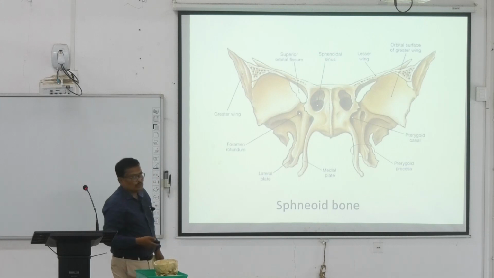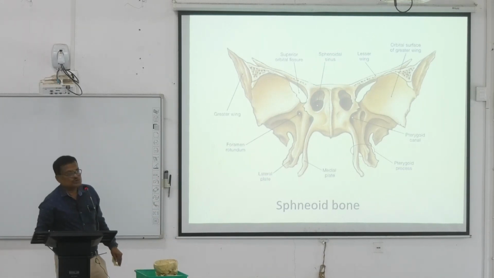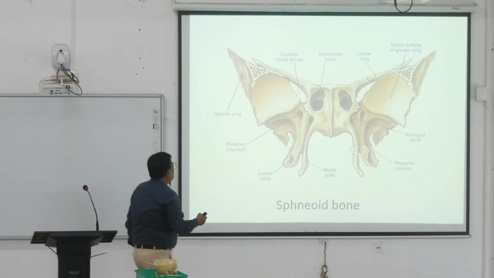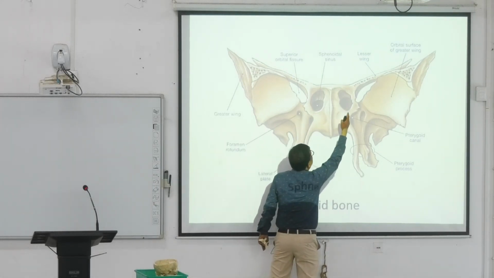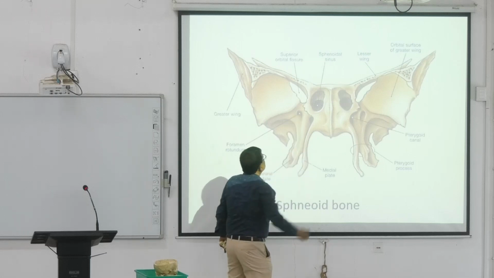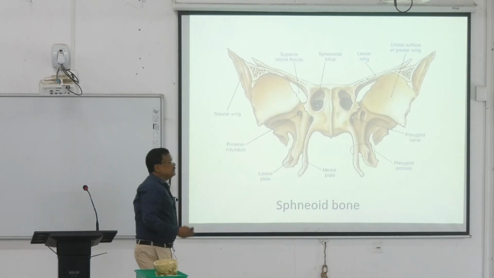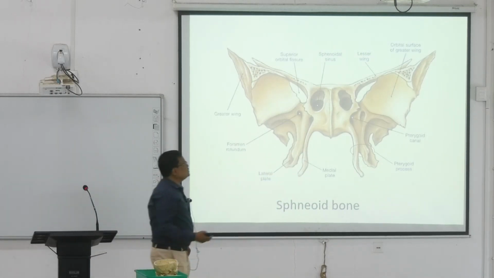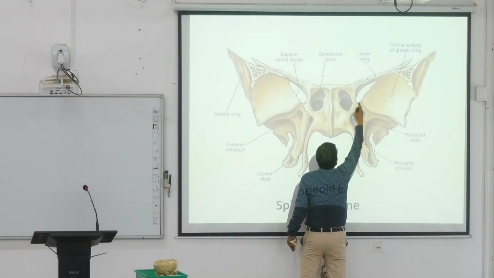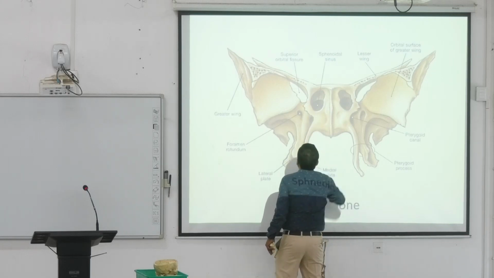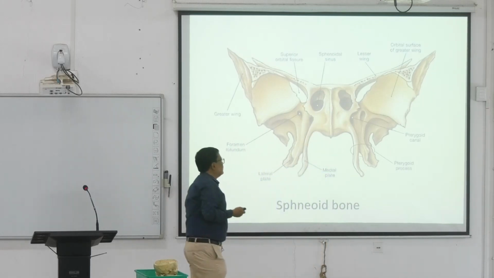This is the sphenoid bone that I have shown you, and this is the superior orbital fissure. You cannot see the optic canal here because it has been obscured by this layer in front.